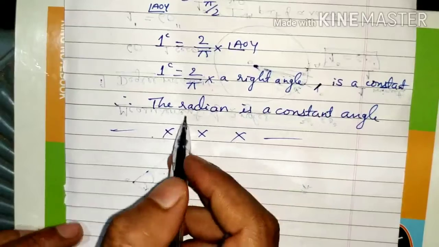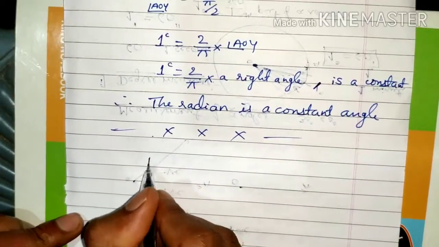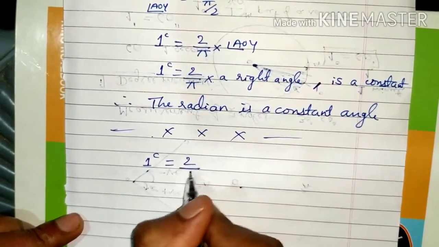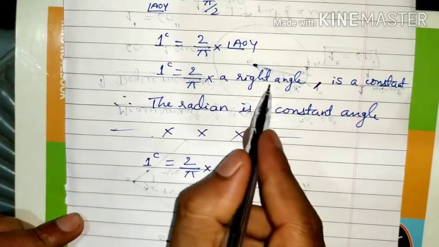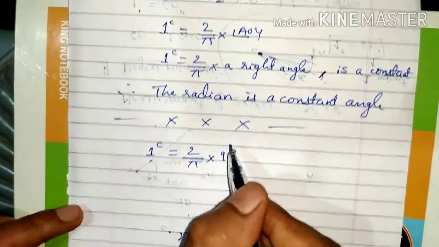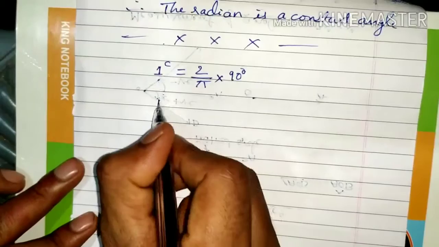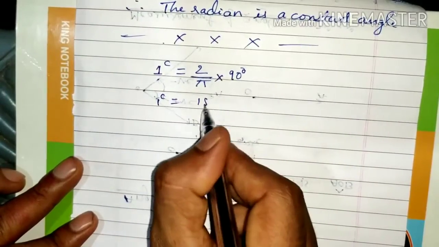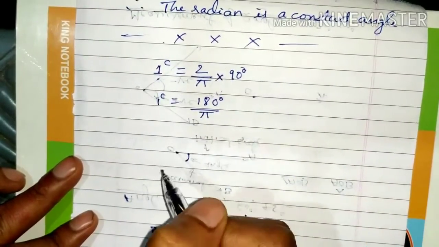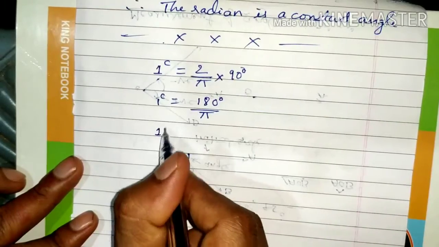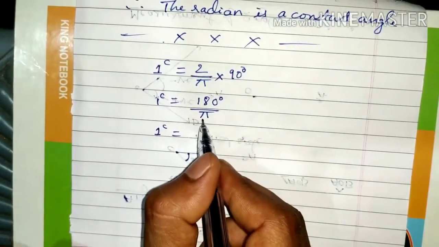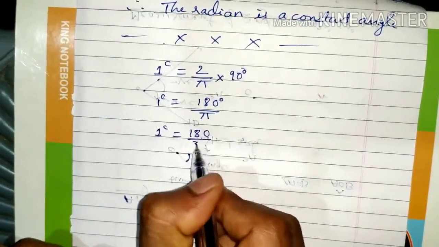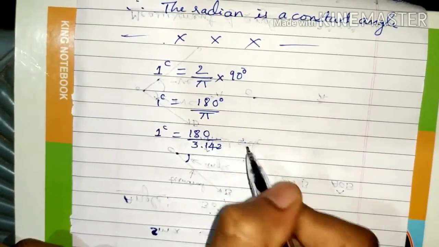So next we will discuss further: 1 radian is equal to 2 by pi into a right angle, which means 90 degrees. So 1 radian is equal to 2 into 90, that is 180 degrees divided by pi. Therefore 1 radian is equal to 180 divided by 3.142, the approximate value of pi.